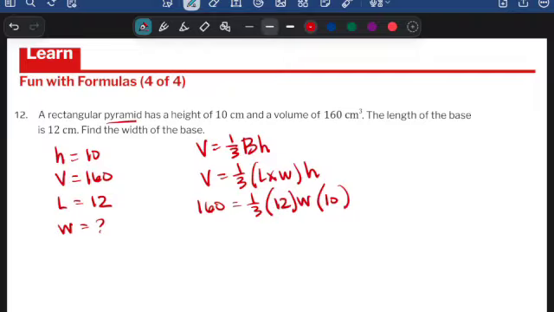And now we just have to use our property of equality to solve for W. First, we can multiply both sides by 3. And then we're going to divide both sides by 12 and divide both sides by 10. So that's really just dividing both sides by 120. Okay, and so that will cancel, that will cancel, that will cancel. That will leave us with W all by itself. And when we do our calculations, then the width would be 4 centimeters.